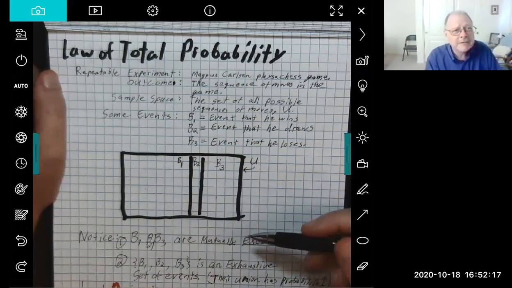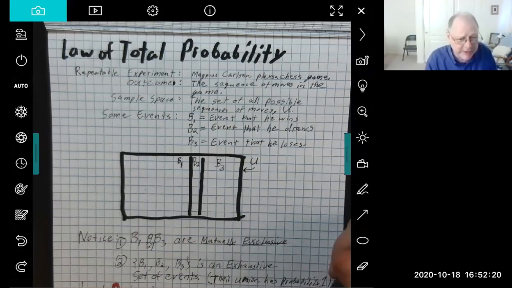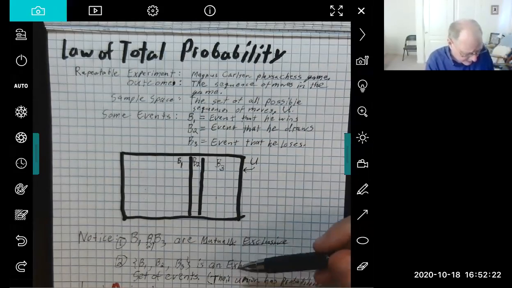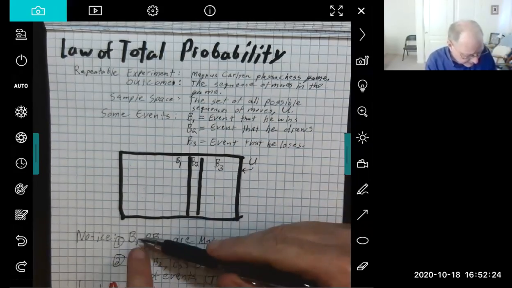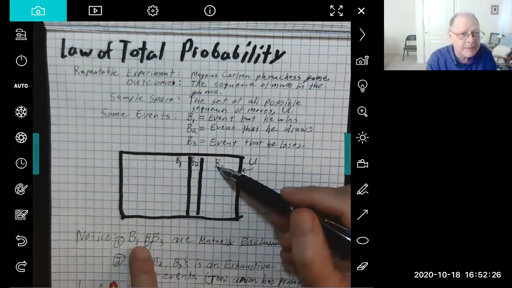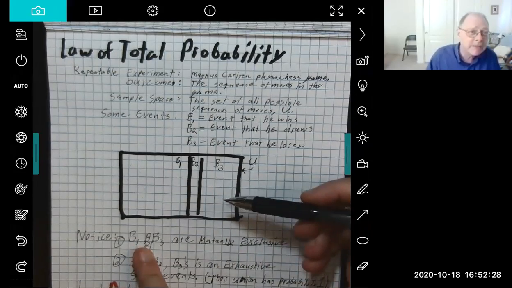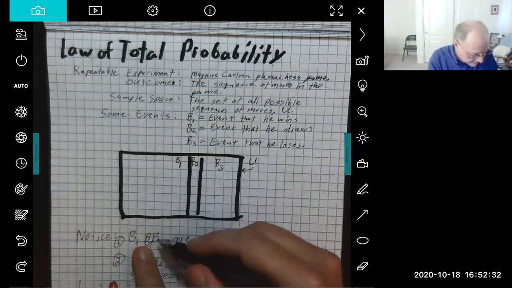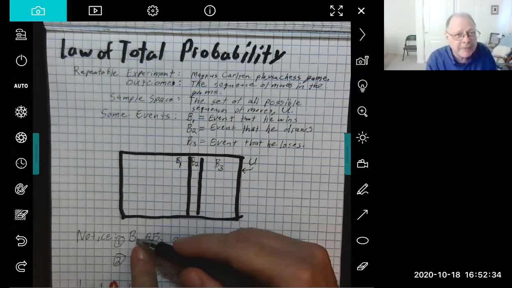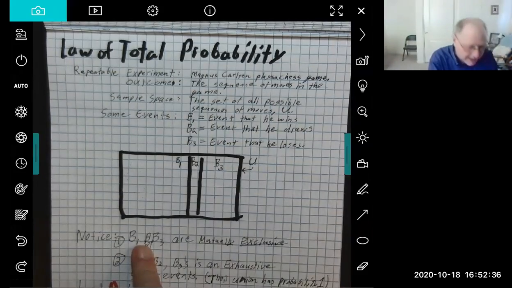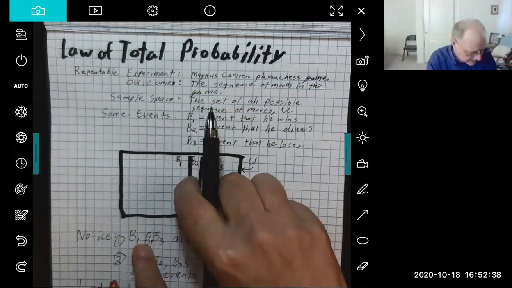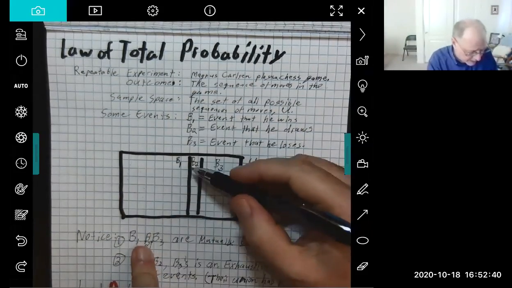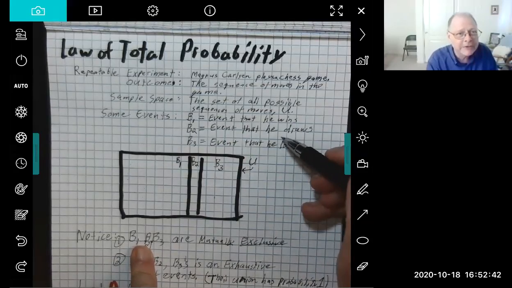Now I'm going to define some new vocabulary words here. For one, B1, B2, and B3 are all mutually exclusive events. Actually, we did define that before. It means there's zero probability that the outcome, the result of a game, is one where he wins and also he draws.